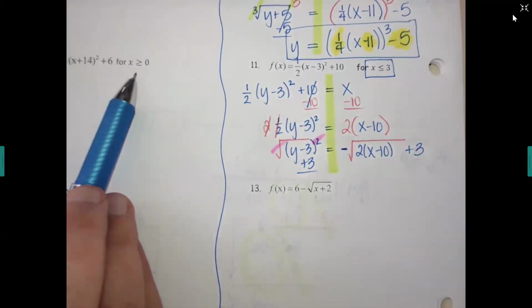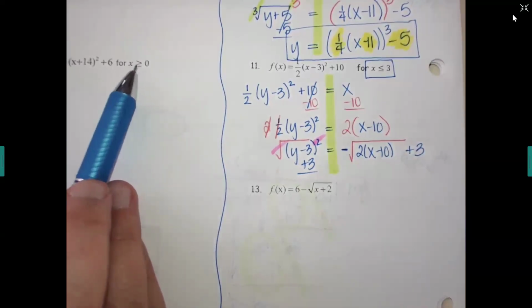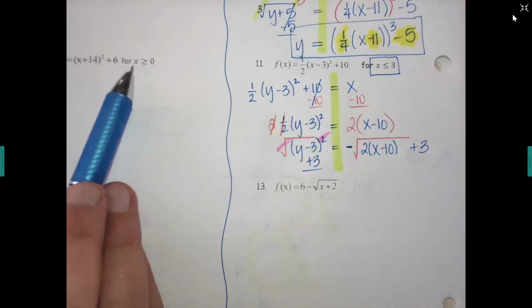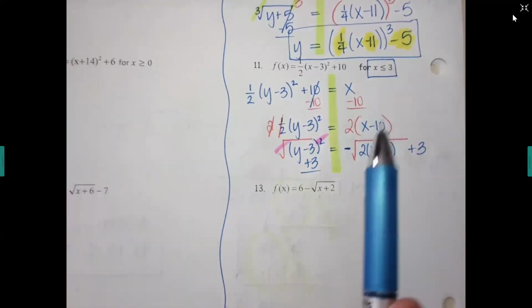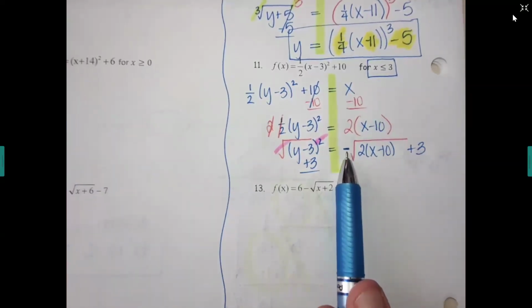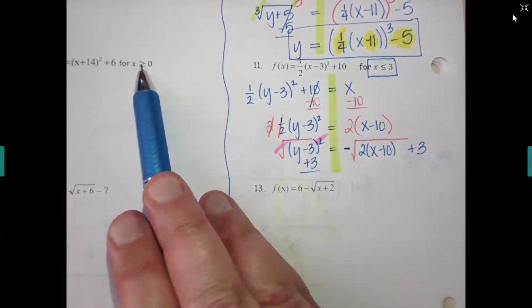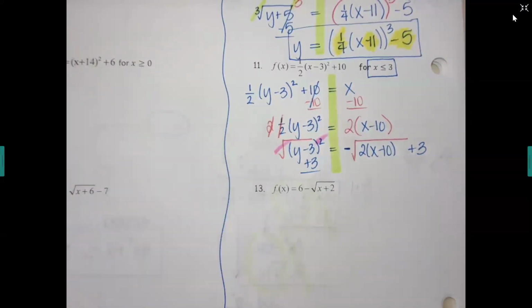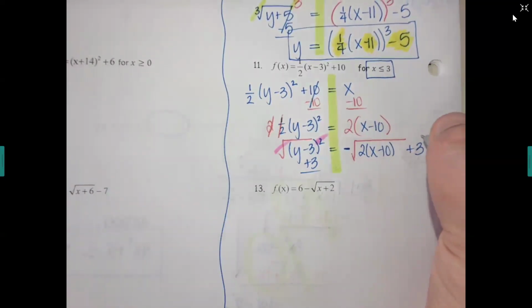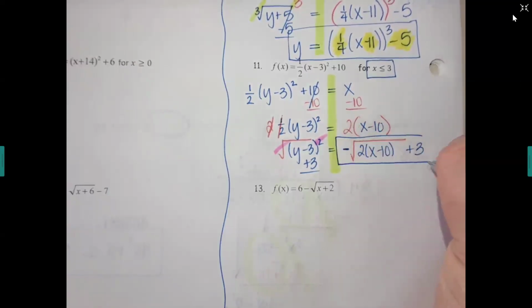Versus on this one, what kind of sign is it? A greater than, you would keep a positive in front. And for that question on your test, it's multiple choice. So if it's a less than, you want a negative in front of your square root. Greater than, you want a positive in front of your square root. But that would be your answer right there.